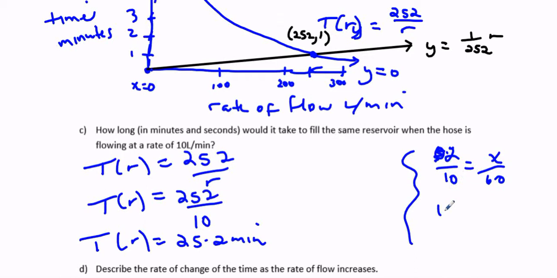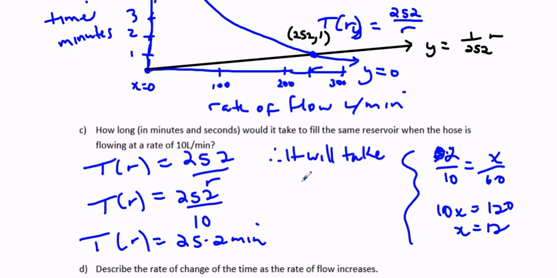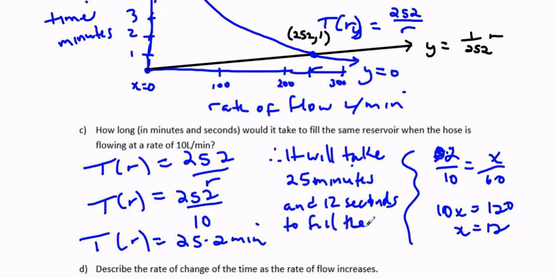So 10x equals 60 times 2 is 120, and x equals 12. So 0.2 of a minute is actually 12 seconds. So in minutes and seconds, we could say it will take 25 minutes and 12 seconds to fill the reservoir. All right, there we go.